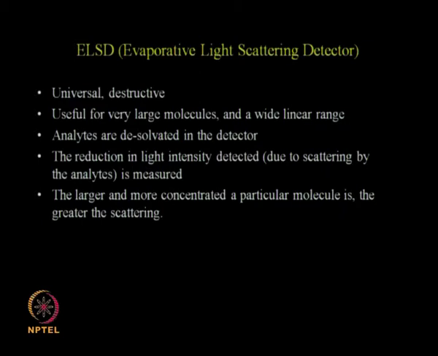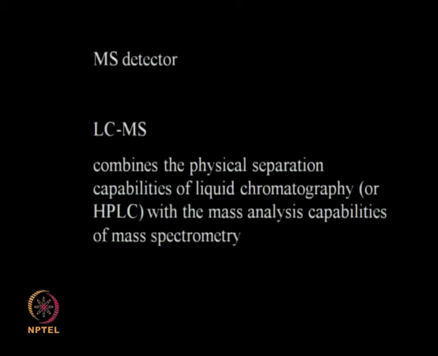Larger molecules or more concentrated molecules cause more scattering, which is a measure of the size or the concentration of the molecule. So the scattering is measured and hence the size or the concentration of the molecule is implied. It is a very good technique and quite accurate.